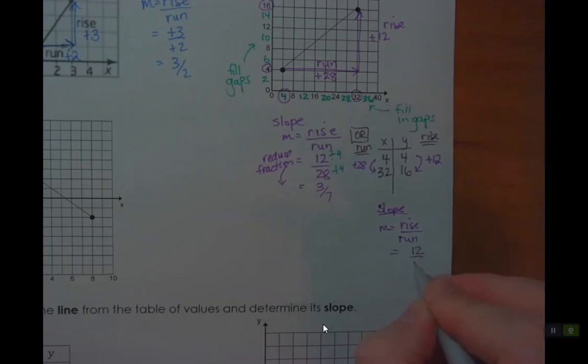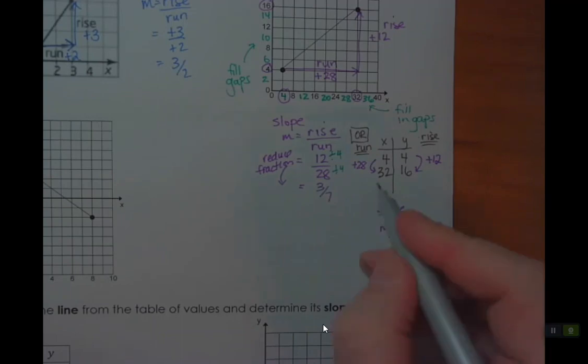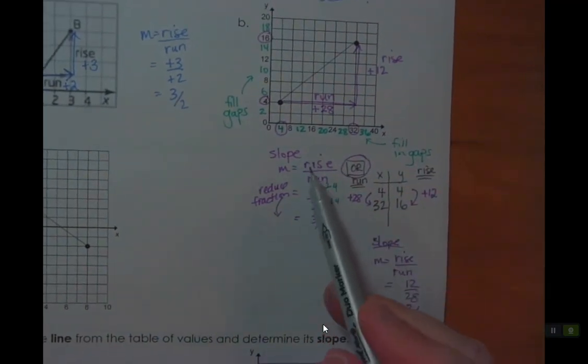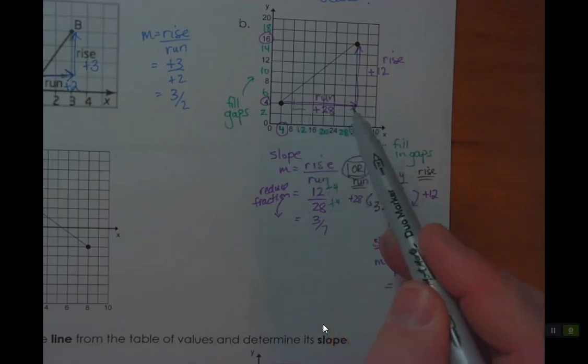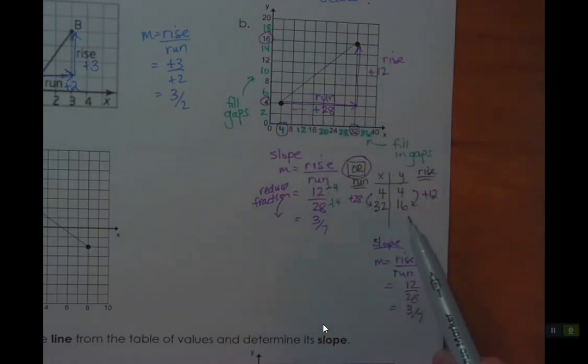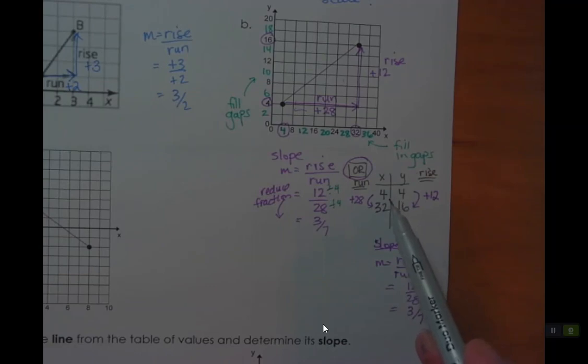And I can reduce the fraction the same way. Some people will struggle with figuring out what you have to do on the graph. Some people may feel that putting these points in a table helps us to visualize it easier. Your choice.